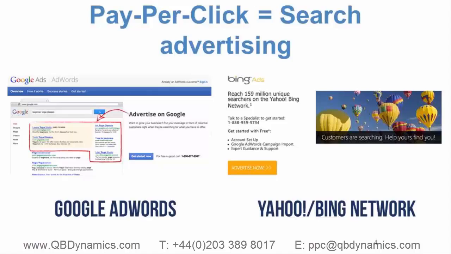Then you have Yahoo and Bing, which combined a handful of years ago in an effort to give Google a run for their money. They are, however, still a distant second place, but still a strong contender, and are experiencing some decent growth right now.